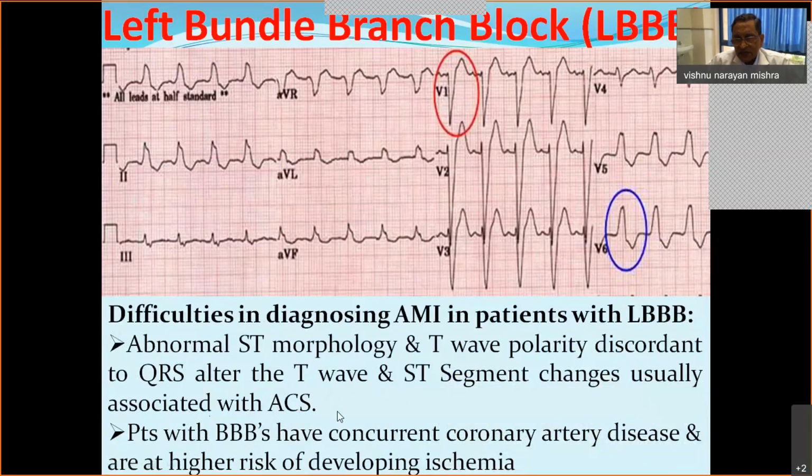In acute coronary syndrome, because of this phenomenon of discordant ST segment changes, they are difficult to appreciate. Patients with bundle branch blocks have concurrent coronary artery disease and are at higher risk of developing ischemia. So this is a very difficult situation because an LBBB patient is likely to have acute MI, and at the same time it is difficult to diagnose whether MI is there or not in the presence of left bundle branch block.